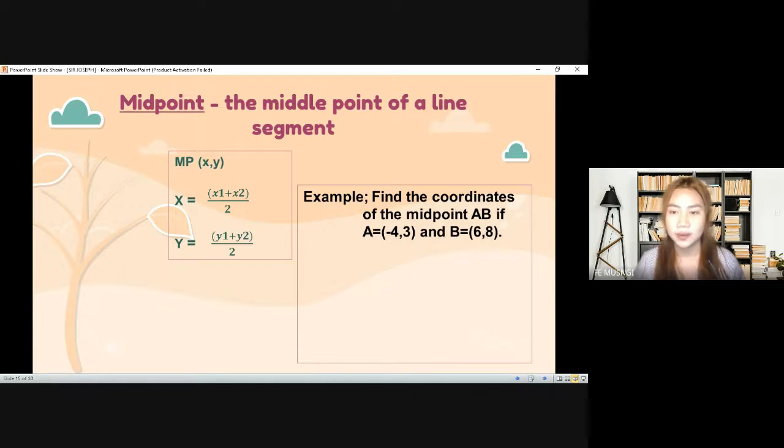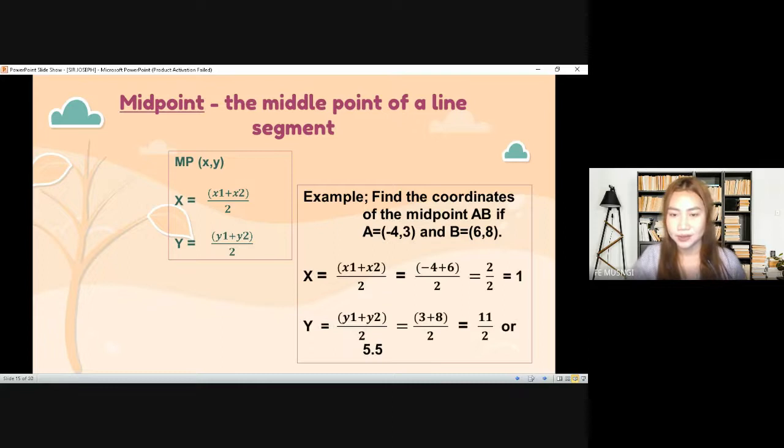So, example, find the coordinates of the midpoint A, B if A is equal to negative 4 and 3 and B is equal to 6 and 8. So, let's substitute. X is equal to negative 4 plus 6 over 2.